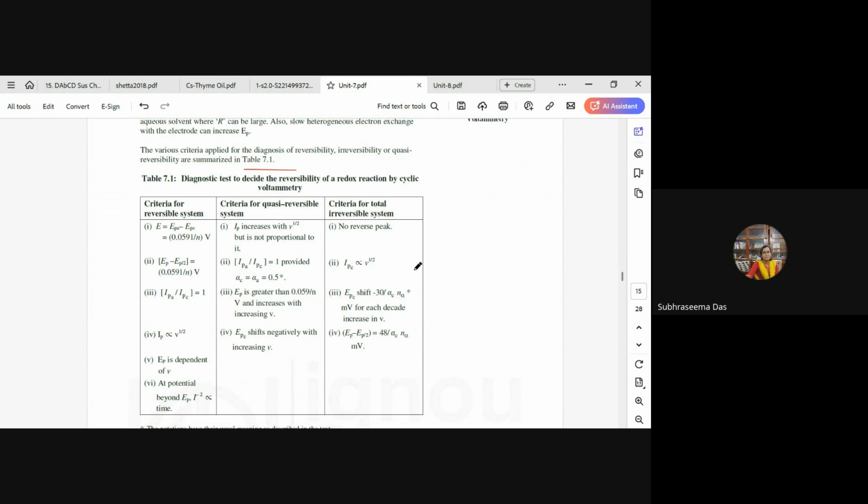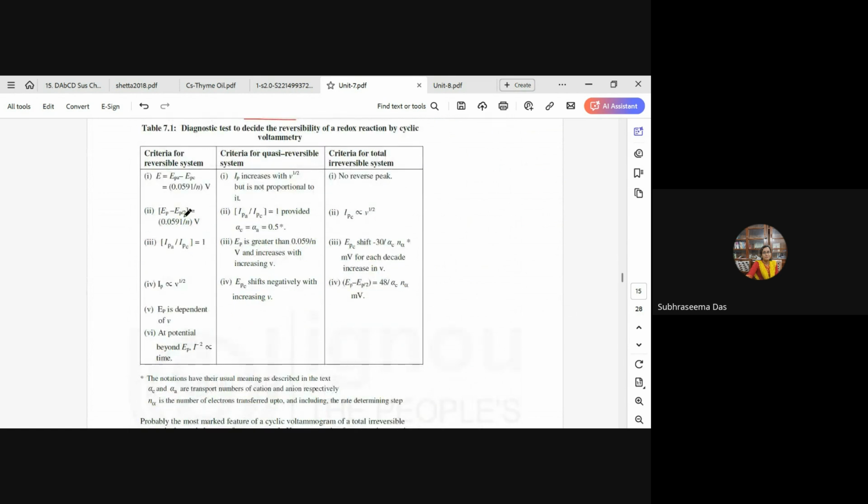So here in table 7.1, the criteria for a reversible system is delta EP = EPA − EPC = 0.059/n. The EP is independent of ν. The criteria for a quasi-reversible system is that IP increases with ν^(1/2) but is not proportional to it.